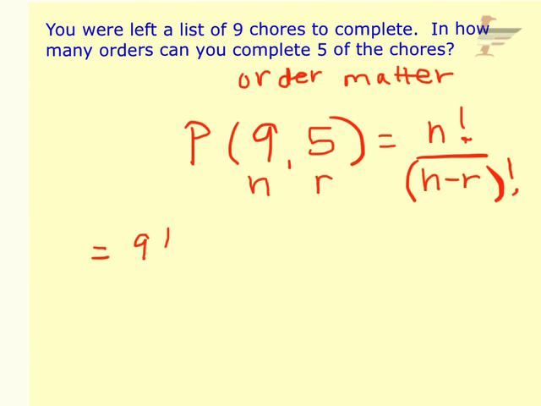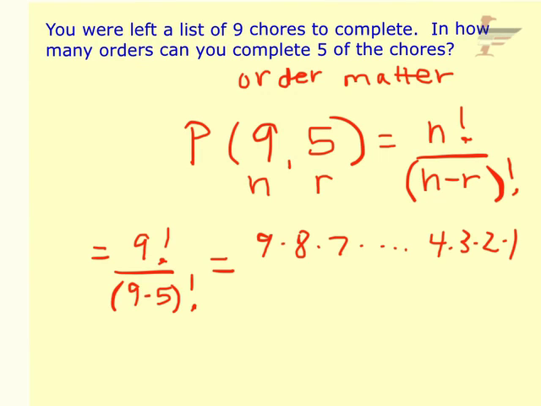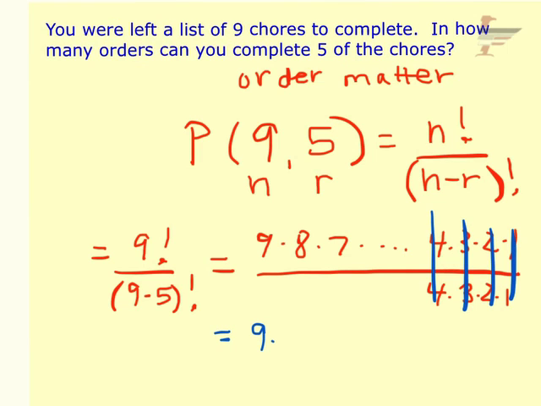So I'm going to do 9 factorial divided by 9 minus 5 factorial. 9 factorial, remember, is 9 times 8 times 7 times 6 times 5 and so on all the way down to 1. 9 minus 5 is 4 factorial, and 4 factorial is 4 times 3 times 2 times 1. Now you can see that these are going to cancel out, and you're left with 9 times 8 times 7 times 6 times 5, because the 4, 3, 2, 1 canceled out.